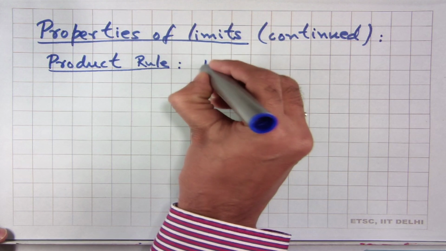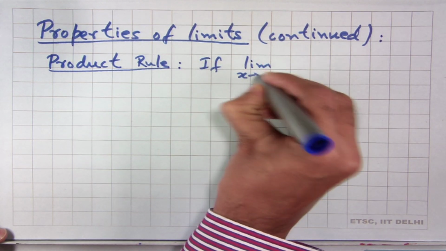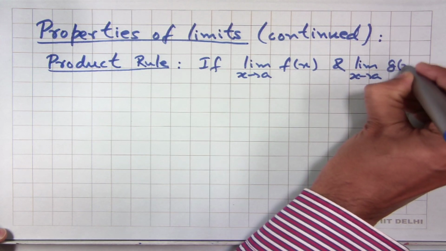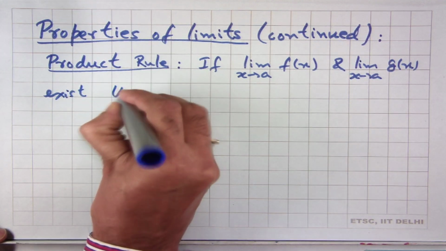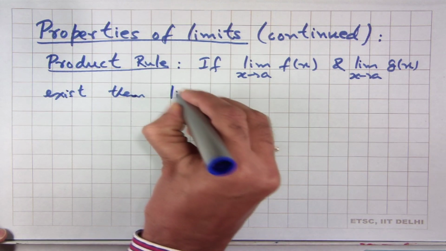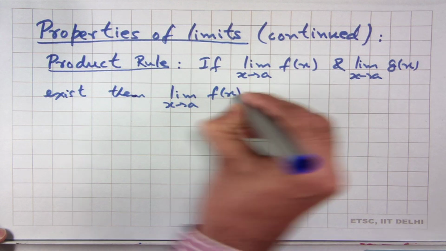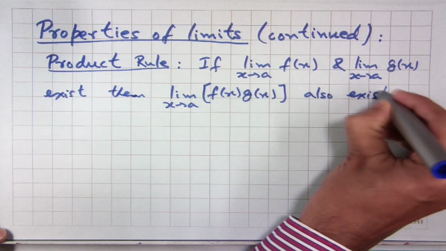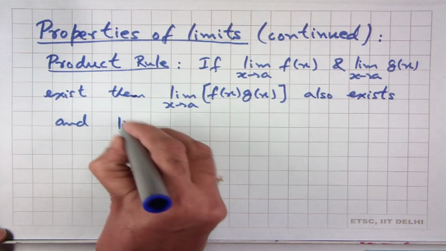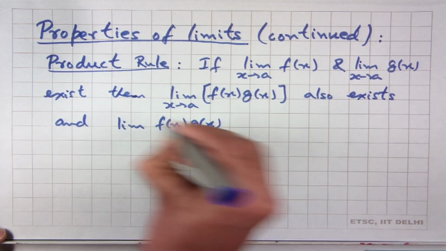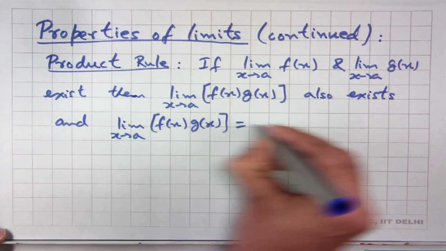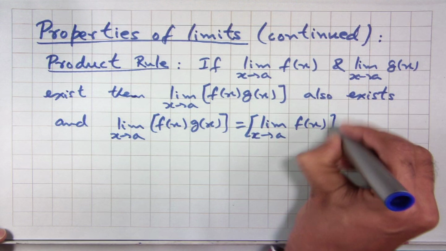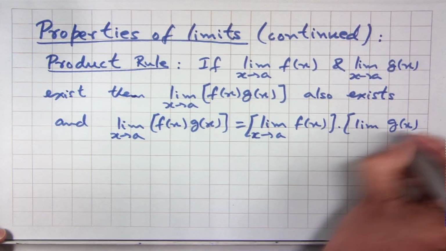So, this simply says that if limit of x going to a f of x and limit of x going to a g of x exists, then limit of the product function f x times g x, this also exists, and the limit of the product is equal to the product of the limits, this times limit of g of x as x goes to a.